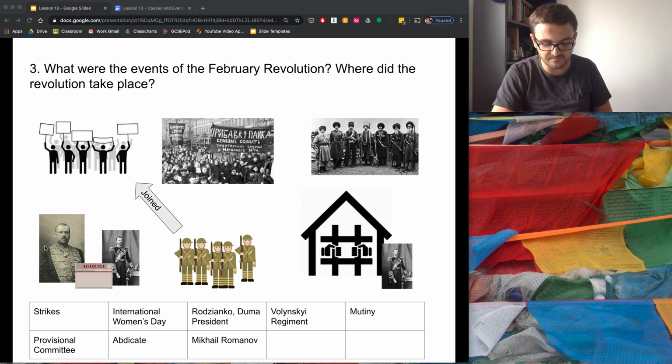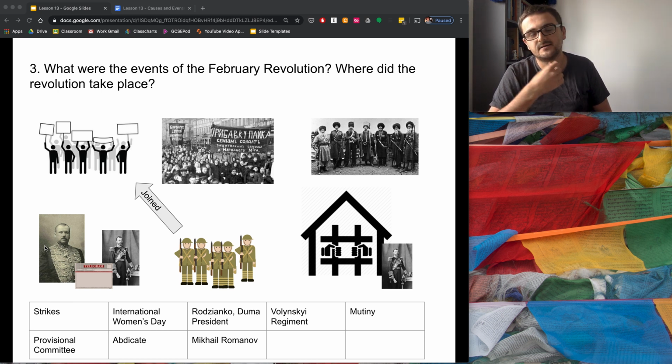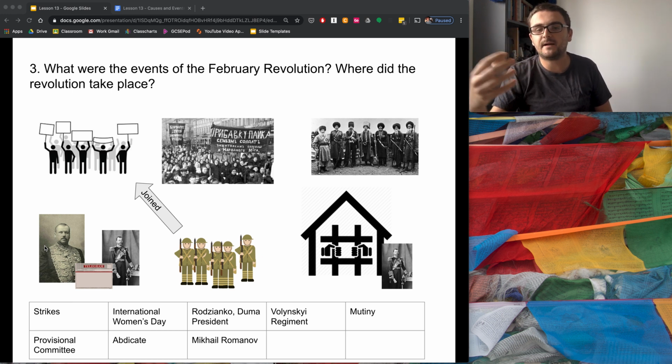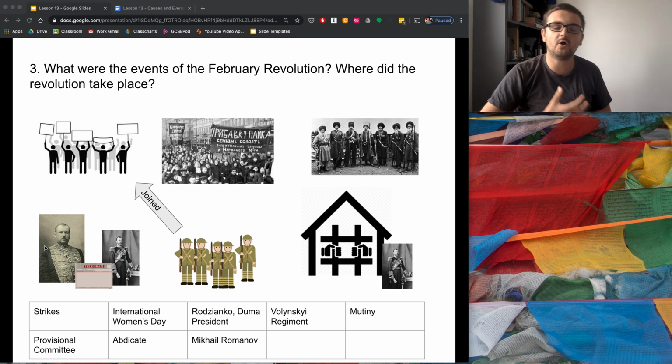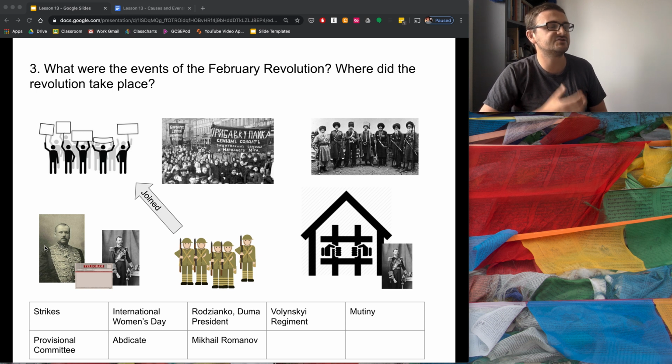The time for them has gone. There is no return." And the Tsar has very much acted too late. He could have shared power in the past, but now the Provisional Committee, the Duma, the Soviets are all in a moment where they think, actually, we can grasp full control. We don't need the Tsar anymore at all.